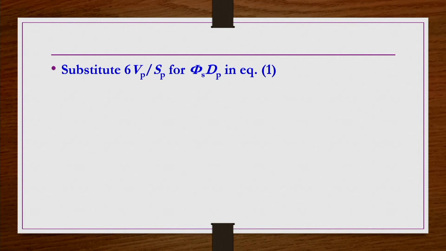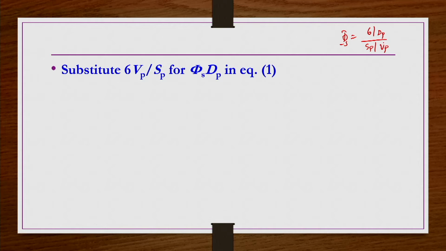Now, in this equation wherever phi s dP is there, you can substitute 6 Vp by Sp, because we have already seen that phi s is nothing but 6 by dP divided by Sp by Vp.